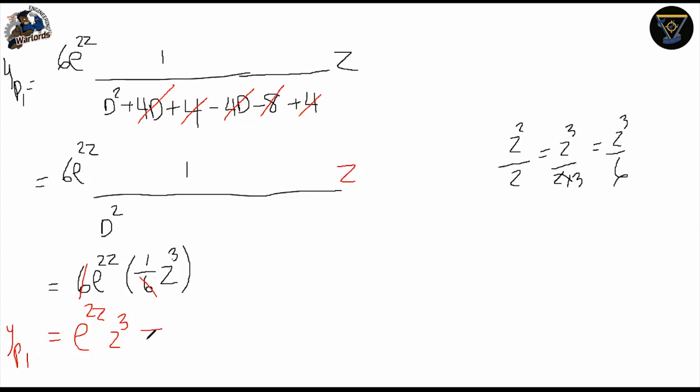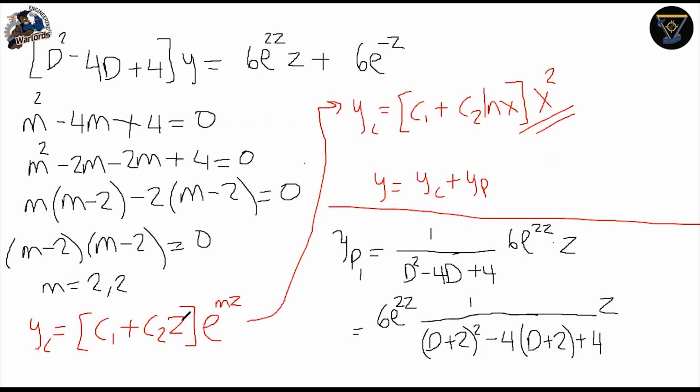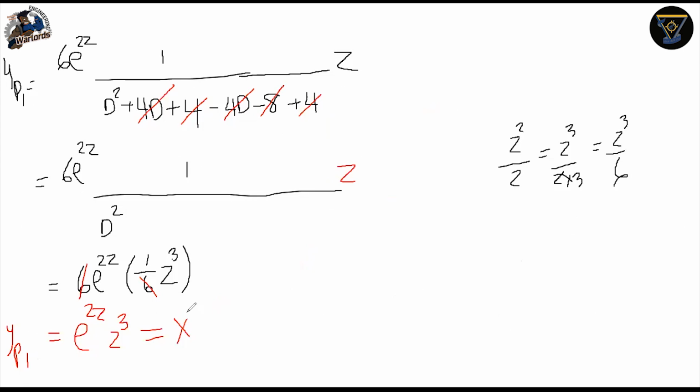However, we need to write it in terms of x. So the first one we have is e to the 2z. So we're going to go back. Remember that this is e to the 2z. What they did was that they squared this, so that means we need to square this as well. So this is actually x squared. And z cubed now, what is z?